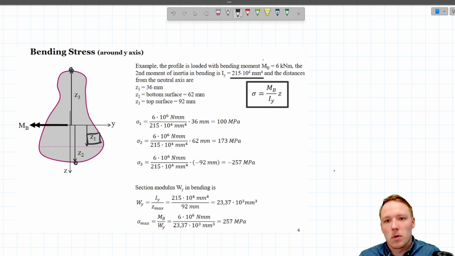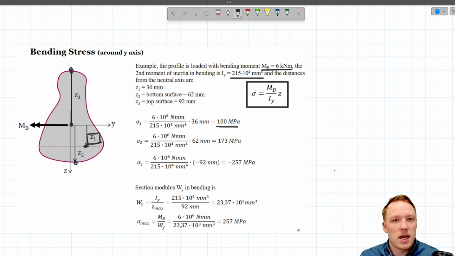It is the bending moment. It was also given in this task. So the bending moment divided by second moment of inertia multiplied by 36 millimeters, which is the distance from here to here, and we get a value of 100 megapascals.